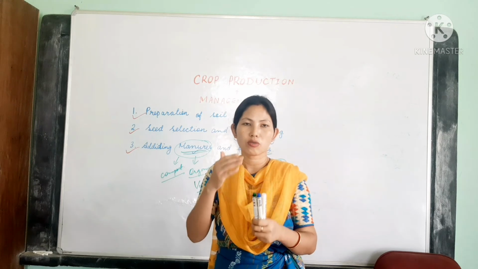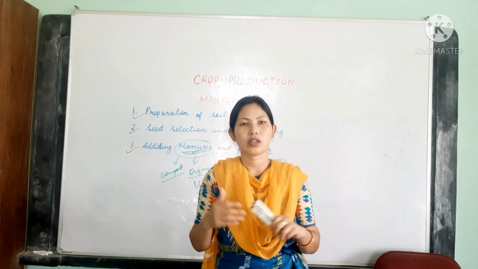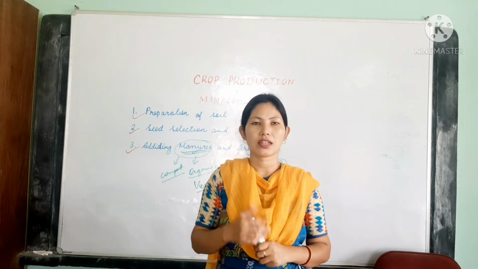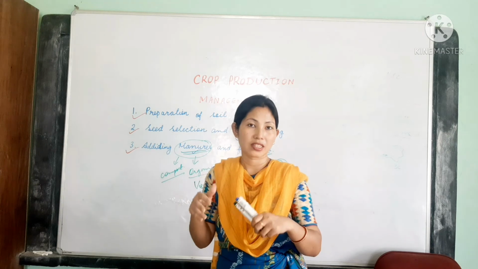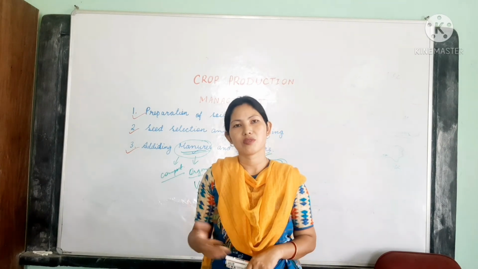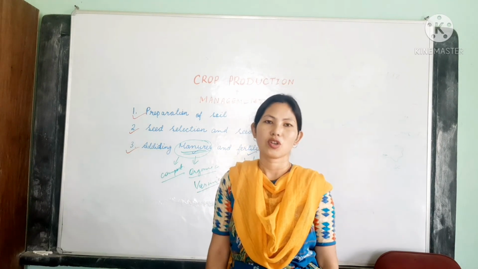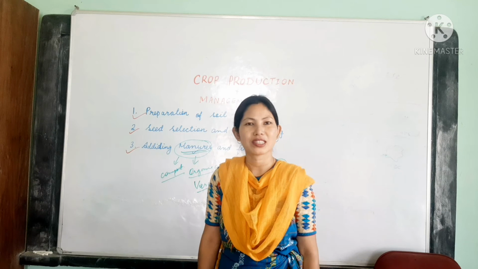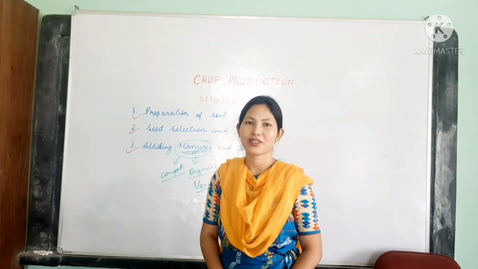They move up and down within that layer, and this movement makes the soil porous and soft. So the plants are able to penetrate their roots well, right? In this way the earthworms help the vegetation to grow well in that particular soil or land. So that is about vermicomposting or about organic manure.